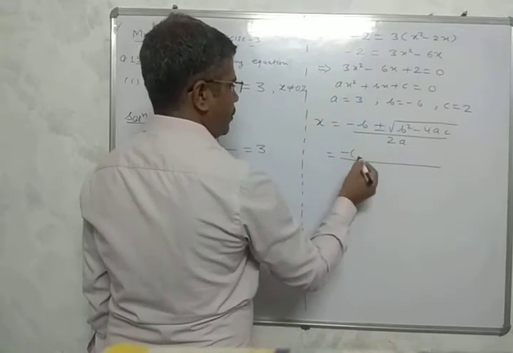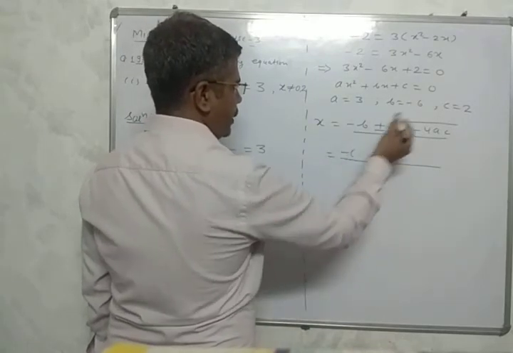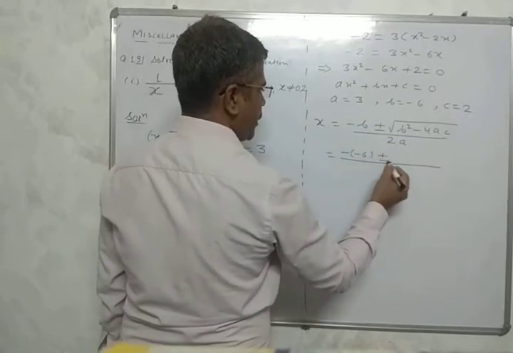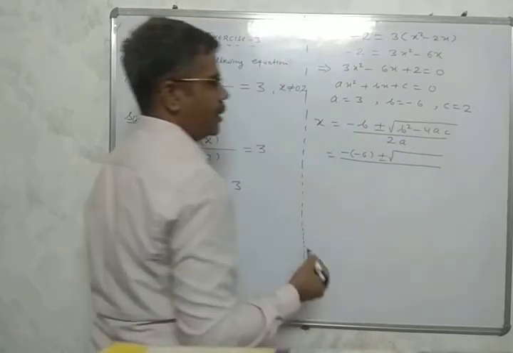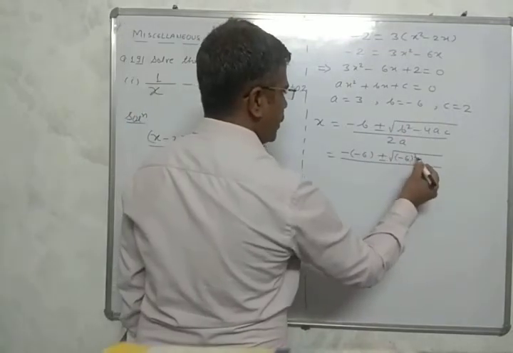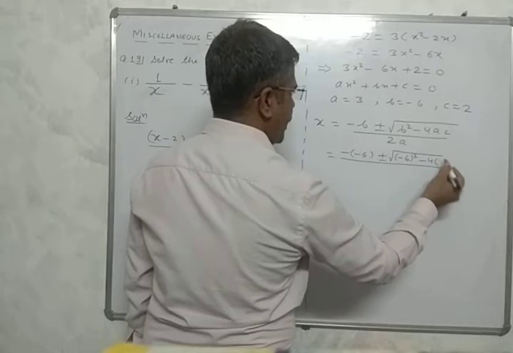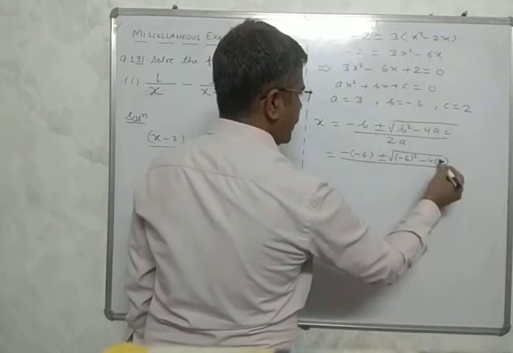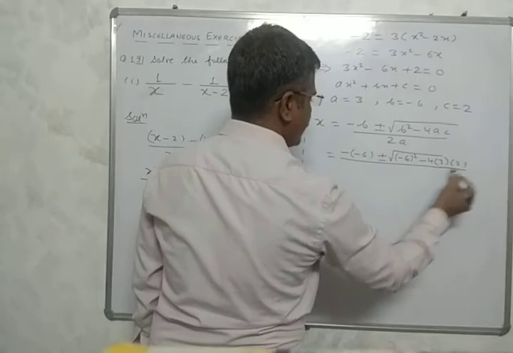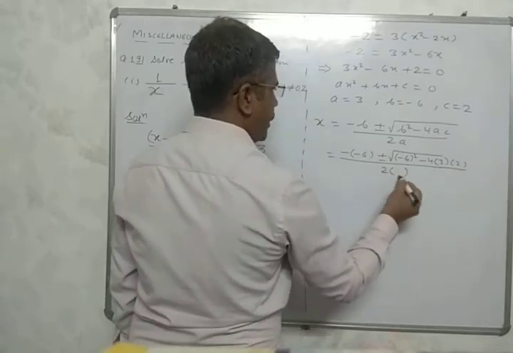We put the value of a, b, c in this formula. Minus b, b is minus 6, we write here minus 6 plus minus under root of b square, minus 6 whole square, minus 4, a is 3 and c is 2, and 2a, a is 3.